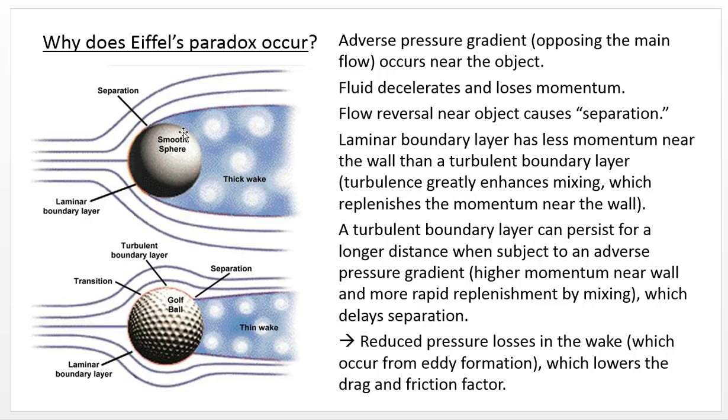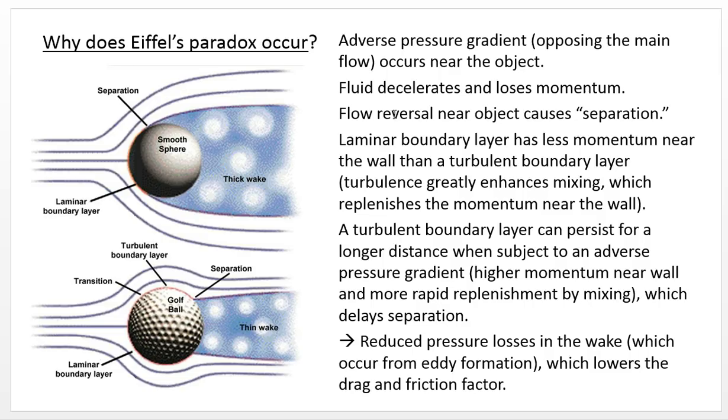Consequently, as the pressure is pushing against the fluid, the fluid decelerates and loses momentum in a thin region near the surface of the object. Eventually, the fluid loses all of its momentum and it starts to flow in the opposite direction due to the pressure gradient. So right near the surface of the sphere, there will be flow from right to left instead of left to right as in the main flow.